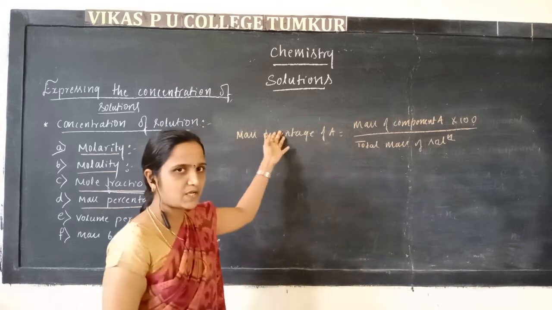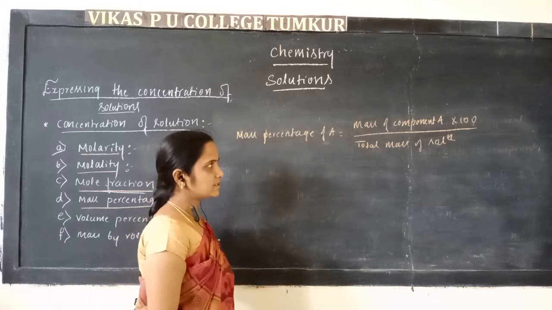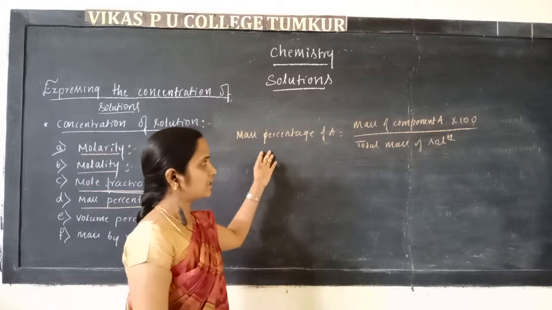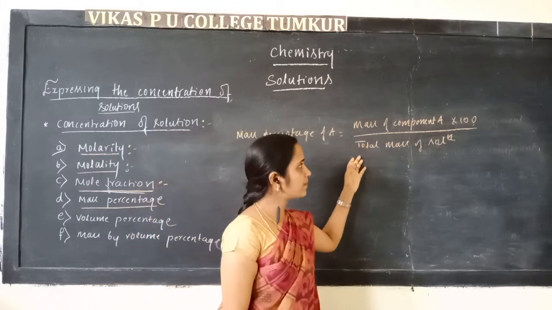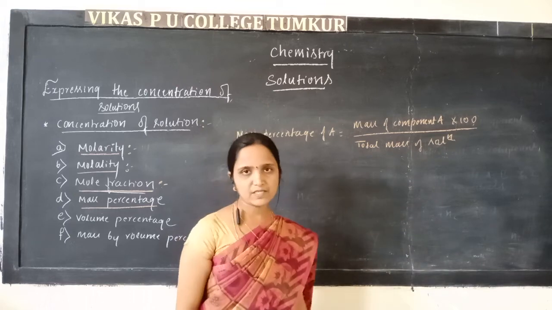This we call the mass percentage. The mass percentage of A can be calculated by using this formula: the mass of the component A into 100 divided by the total mass of the solution.